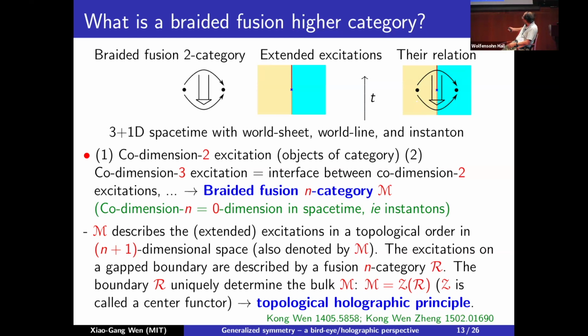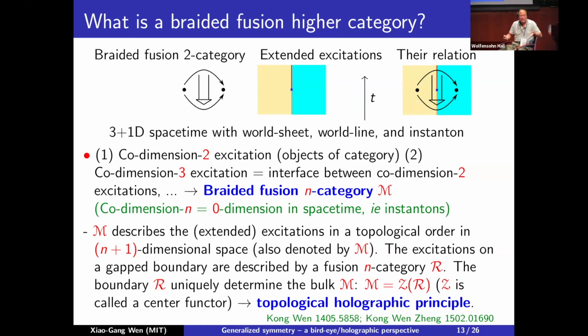There's a functor called the center functor, which maps the boundary fusion n-category to the bulk braided fusion category. This Z is a generalization of the Drinfeld center for 1-categories, but in higher dimension we can also define this so-called center functor. In physics, this center just takes the bulk.